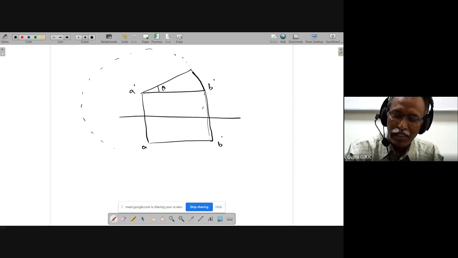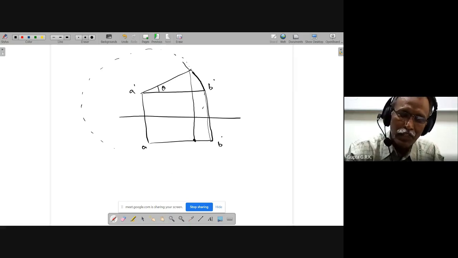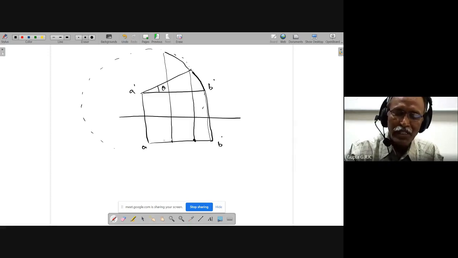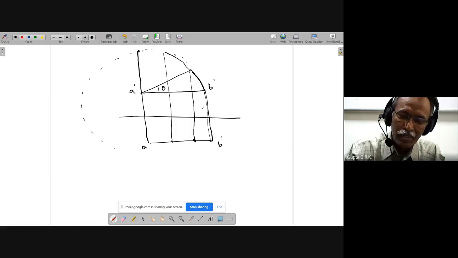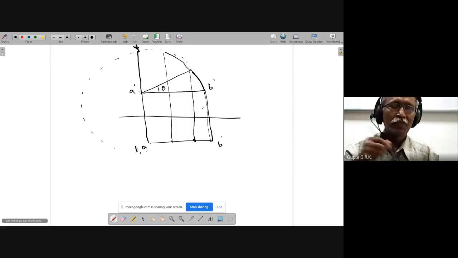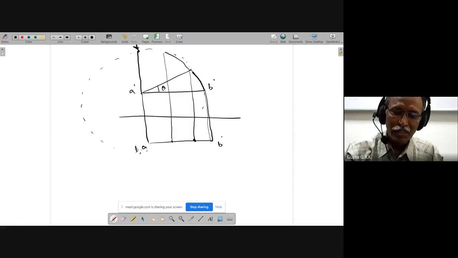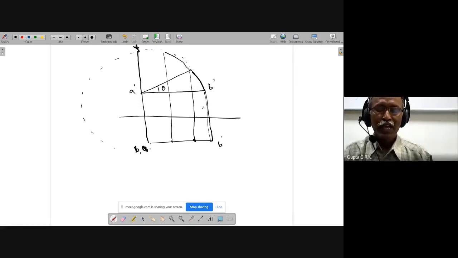B, initially here, now comes to this point, and if it is rotated up to here, B comes here. So the top view length gradually decreases. When it becomes perpendicular, we write B comma A, because when I see from the top, the point B is seen and point A is hidden under B. So we write B comma A like this. This is the way it happens.